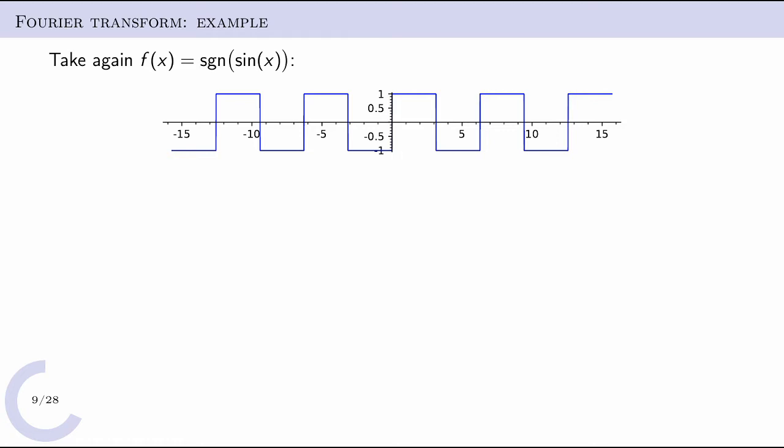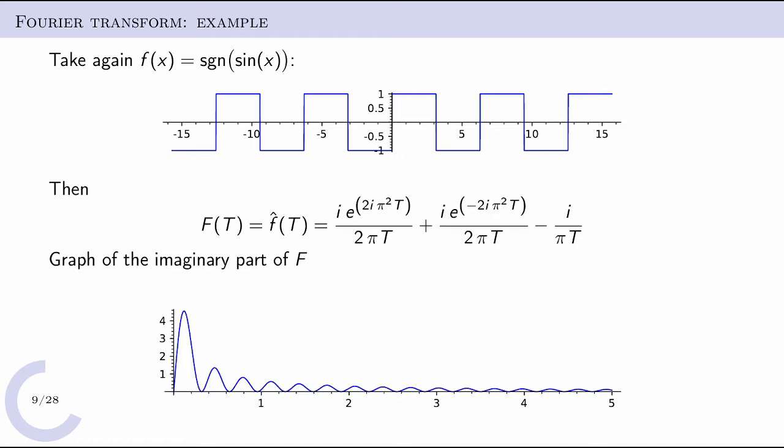And since the formula for the Fourier transform is explicitly given by the integral, we can symbolically compute the Fourier transform of this function f, and this is a function capital F or f hat, because both notations are common. The Fourier transform is either denoted by hat or by a capital letter.